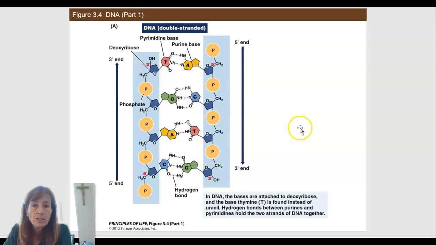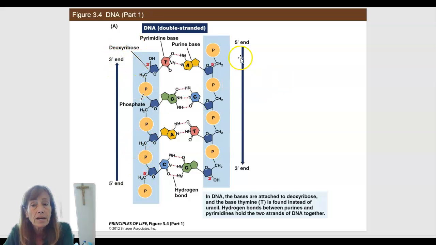So here, this is a good picture of this. In this DNA, what you see is, here's the 5' end of this long set of nucleotides that are all now bound together by these phosphodiester bonds. So we're seeing the 5' end down here and the 3' end up here on this side.